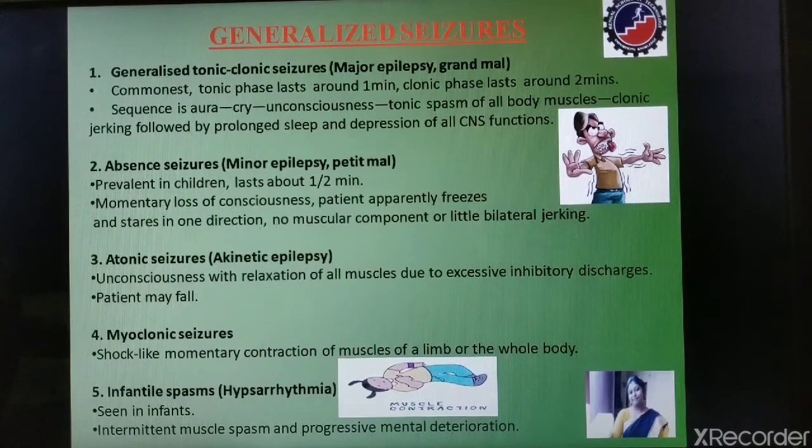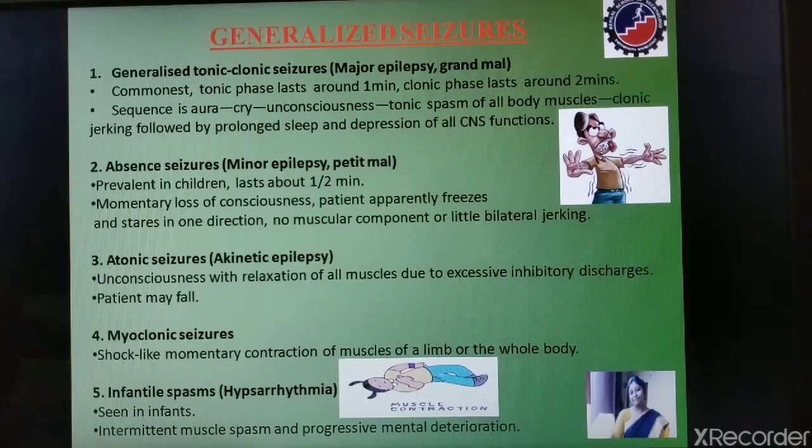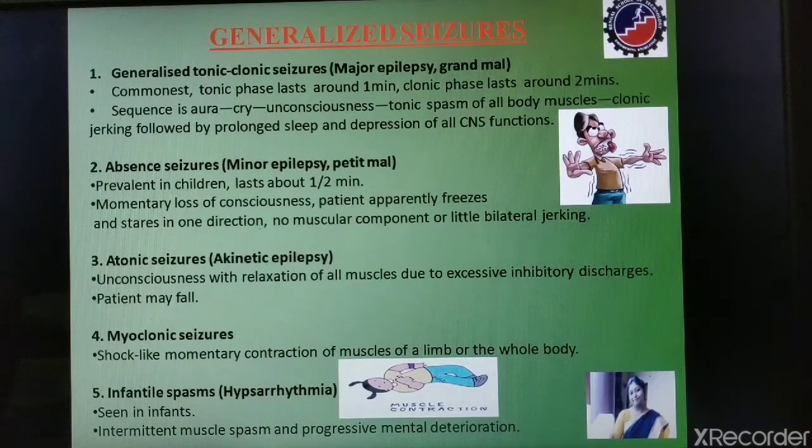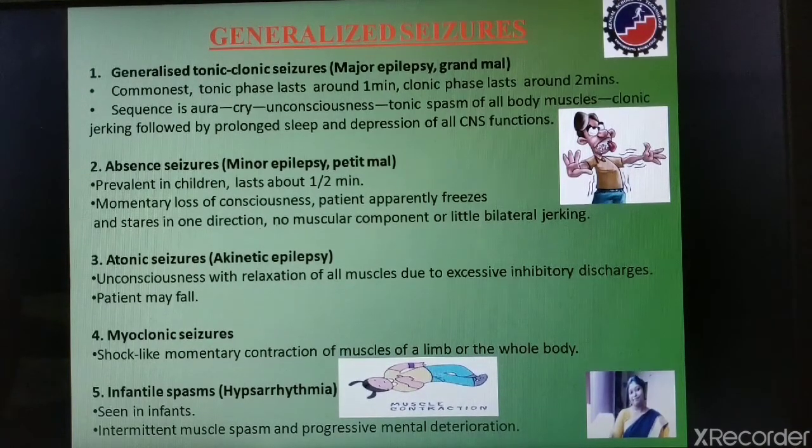The next one is called the myoclonic seizures. In case of myoclonic seizures, there is shock-like momentary contraction of all the muscles of a limb or the whole body. The myoclonic jerking may sometimes accompany any type of generalized seizure or partial seizure.